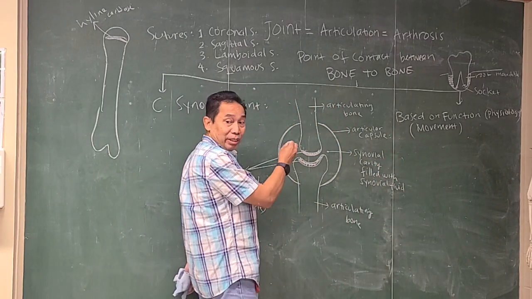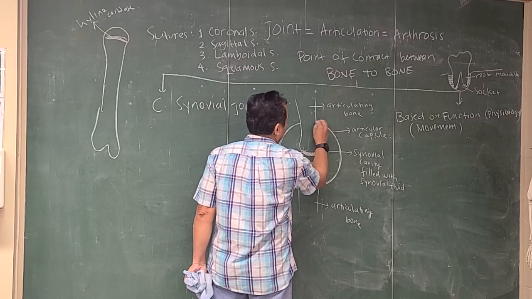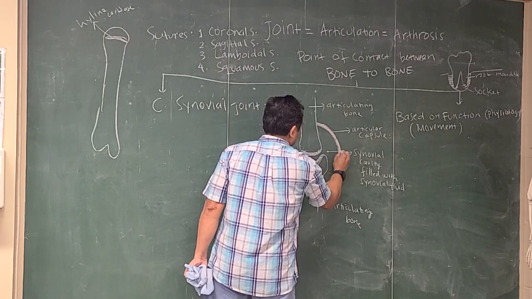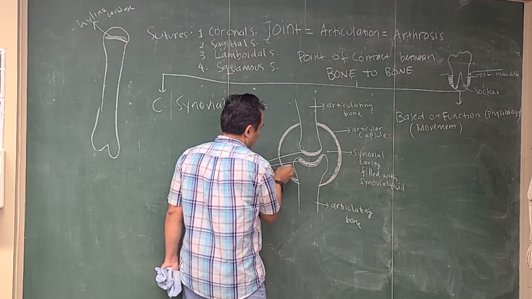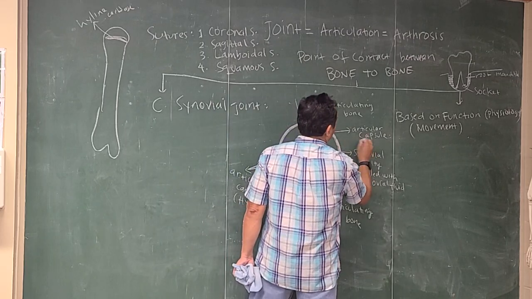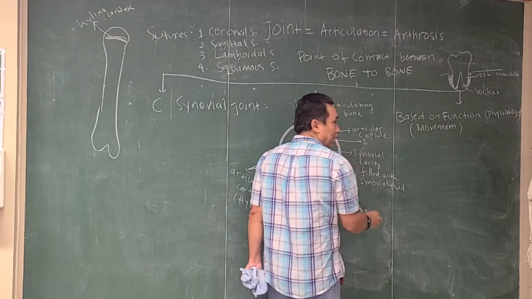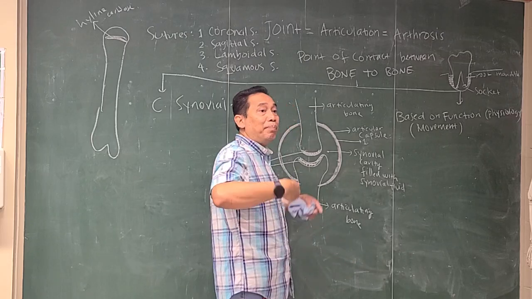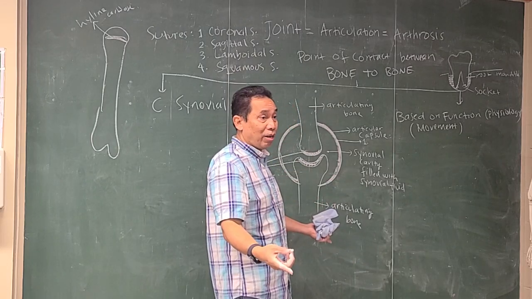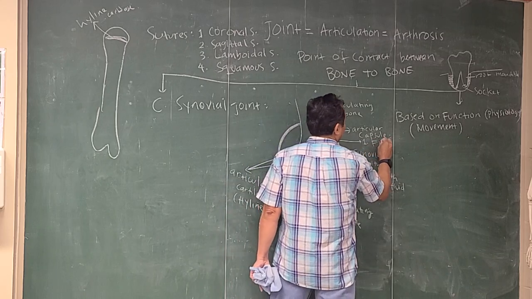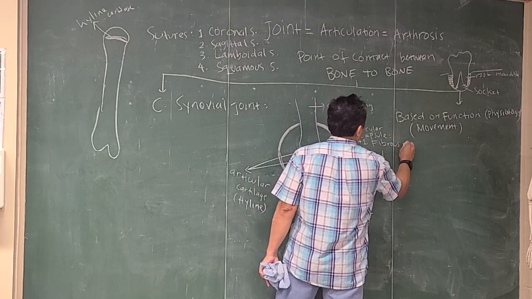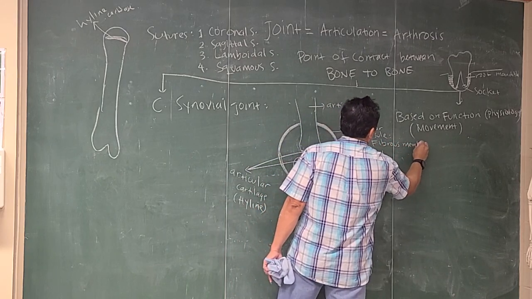I'm going to use the white color over here, the outer membrane. The outer membrane is called the fibrous membrane because it's made of ligament or fiber. So it's going to be the fibrous membrane or layer.